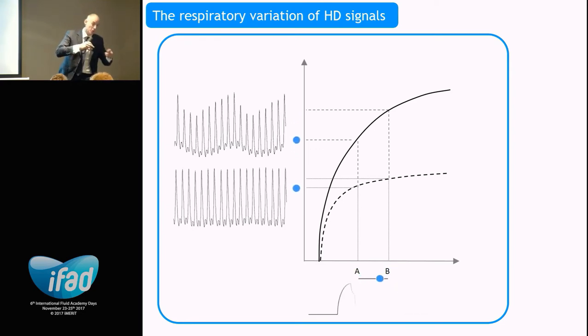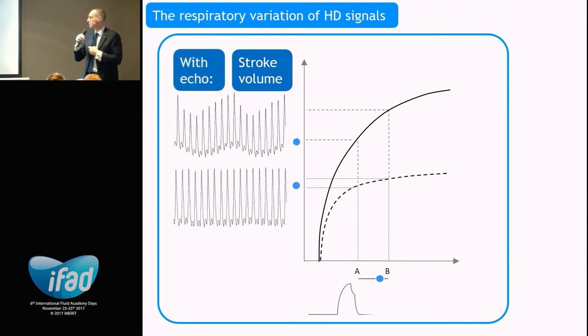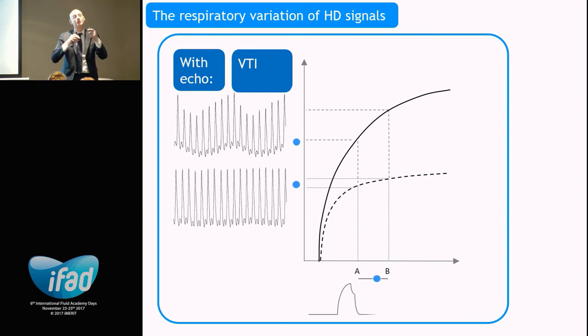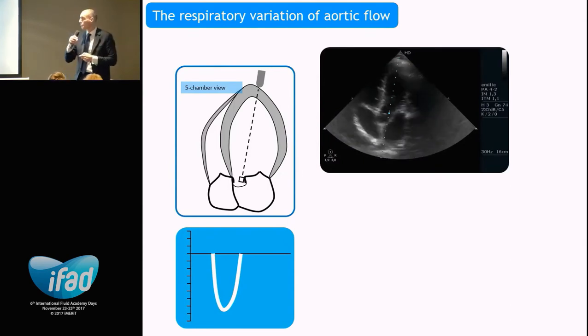But if you don't have an arterial catheter, then you need to assess stroke volume in a different way. How is it possible to assess stroke volume with echocardiography? With echo, we will measure the velocity time integral of the LV outflow tract flow. In fact, you will do that also during the workshop.